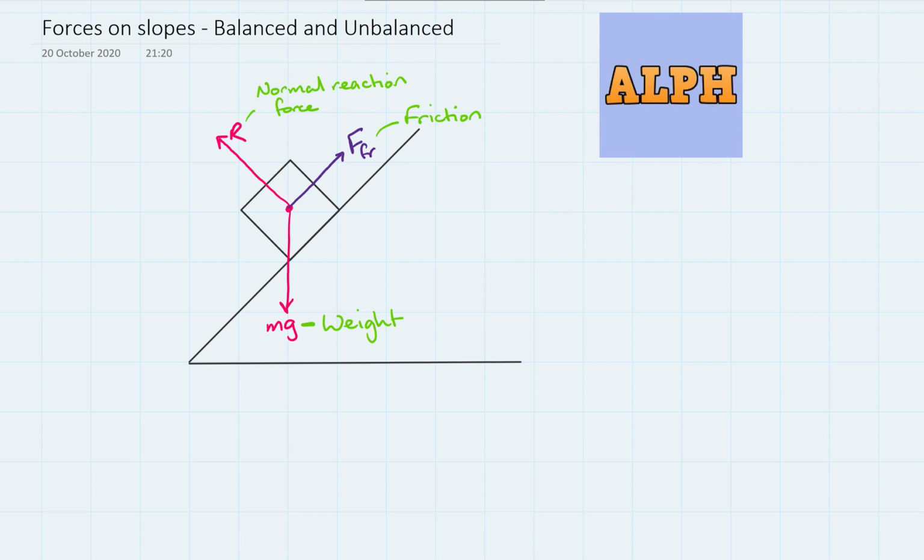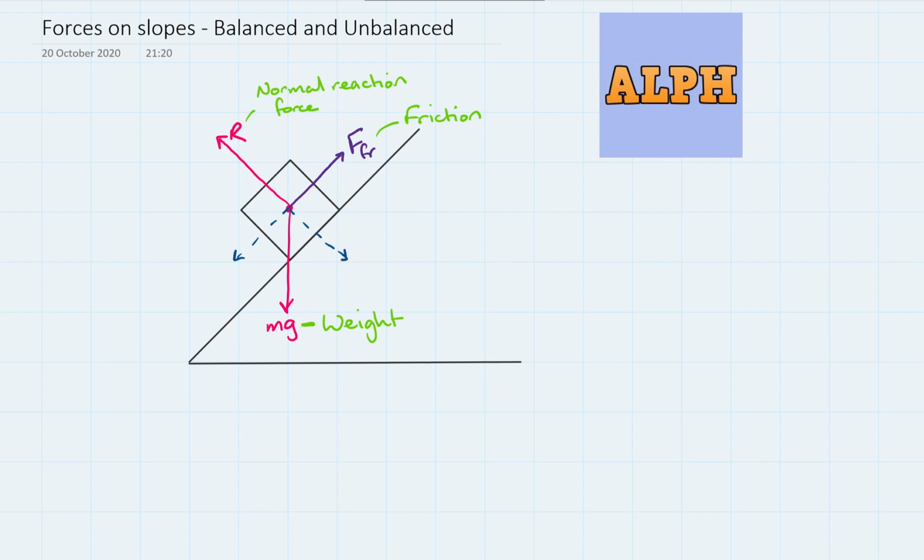So in my world of balanced forces, I want to find out how big the friction is, how big the normal reaction force is. But in order to do that, I want to resolve all of my forces into the direction of the frictional force and the direction of the normal reaction force. So what I can do with my weight is at any time I can choose two perpendicular directions to resolve my weight into.